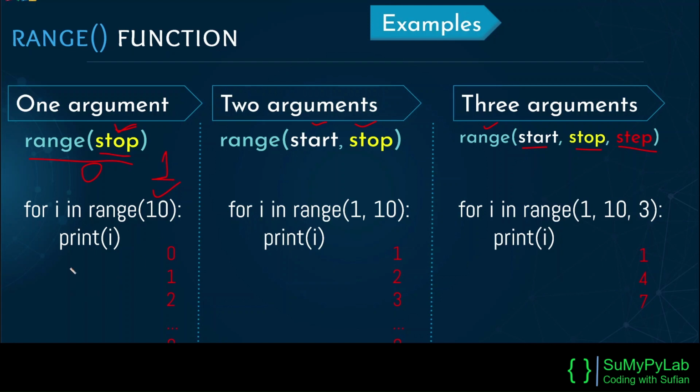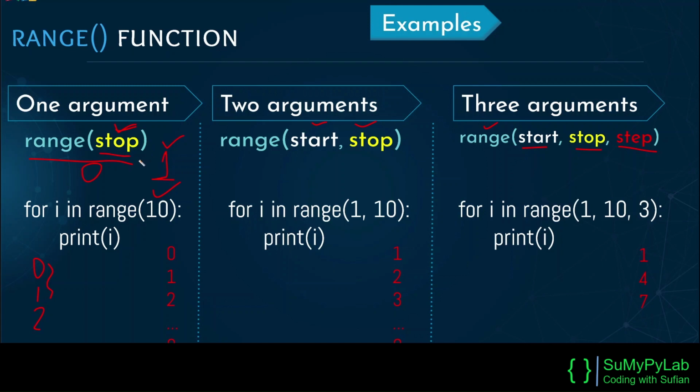Okay, so here is the for loop: for i in range(10). That means i starts from 0 and it is incremented by 1. So the next number is 1, the next number is 2. That is, the difference between two consecutive numbers is 1. This is due to the step parameter.